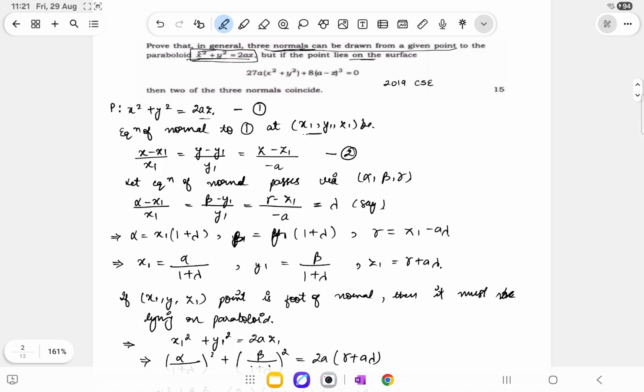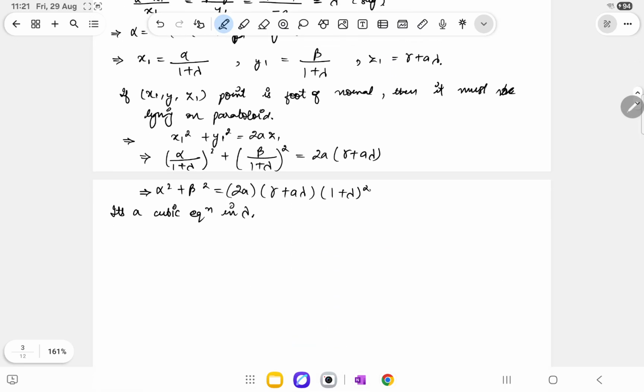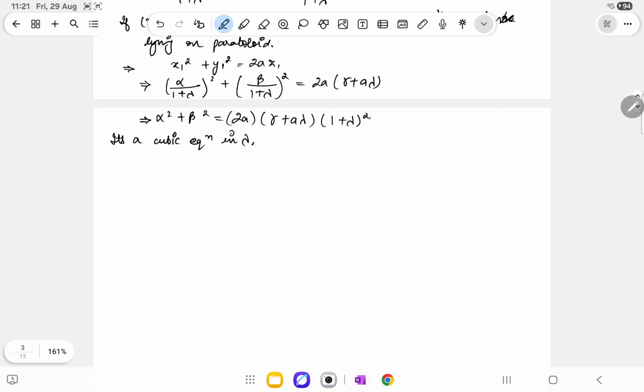Now we are supposed to show that if the point lies on the surface, then two of the three normals coincide. We'll show that using calculus. So let us consider a function f of lambda as 2a into 1 plus lambda square into gamma plus a lambda, minus alpha square plus beta square.